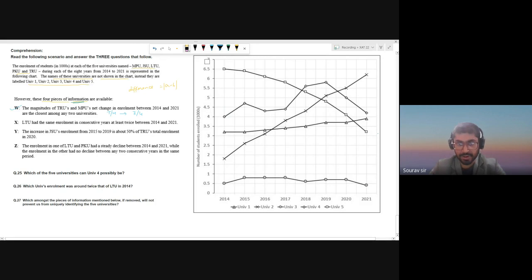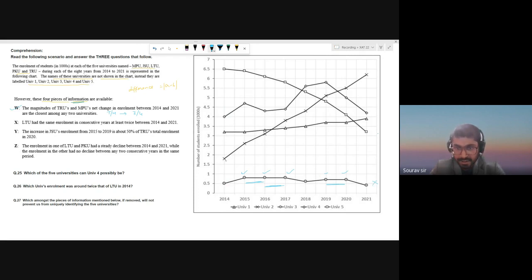So we have to check for graphs that have same enrollments in consecutive years. Here we can see this section is same, and again this section is same, and again this section is same. So this circle was university 3, but university 3 was either T or M, right? So this cannot be L.